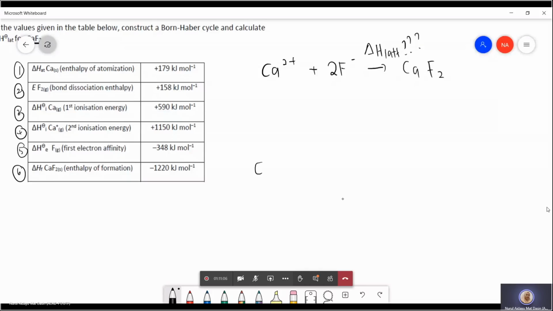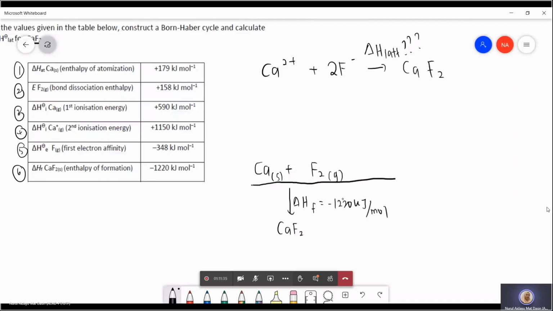So Ca solid plus F2 gas gives CaF2. This is delta H formation, and the value is negative 1220 kilojoule per mole.